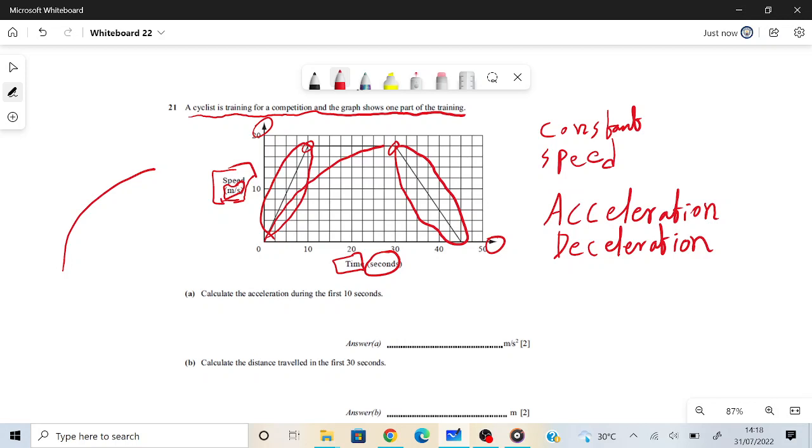Same if the deceleration was not straight and was coming down like this, then we say it's non-constant deceleration. It's always constant when it's a straight line. Whenever it's straight, it's constant. If it's not straight, then it's non-constant.